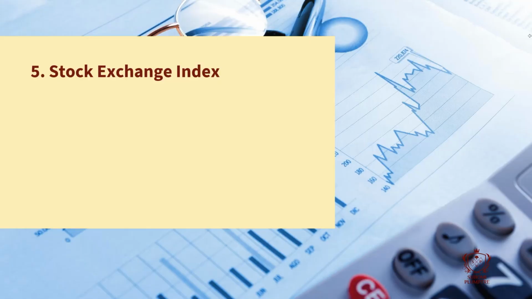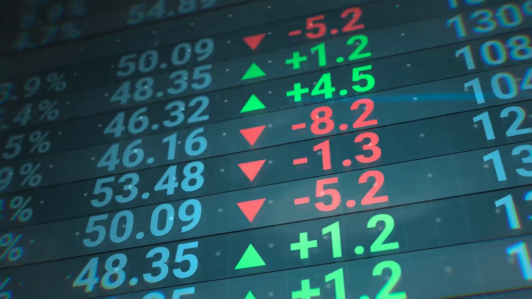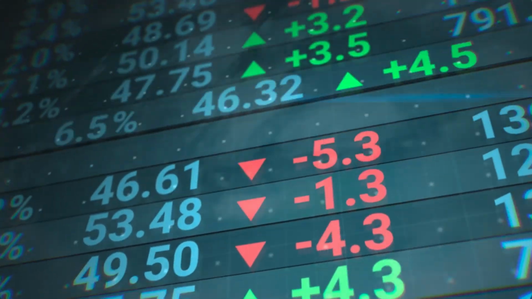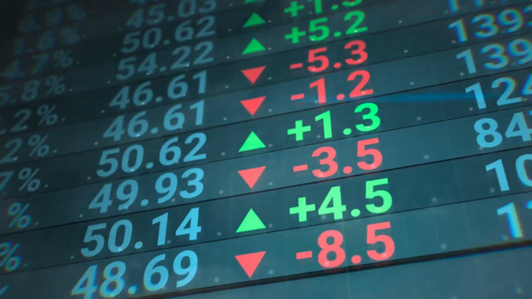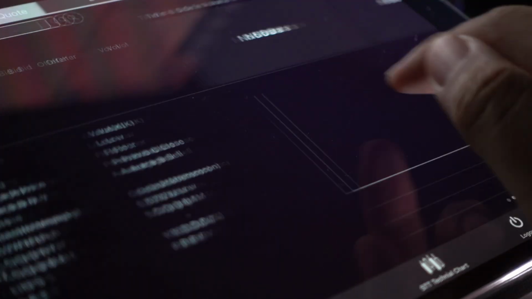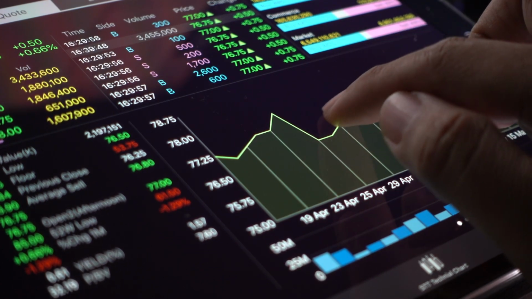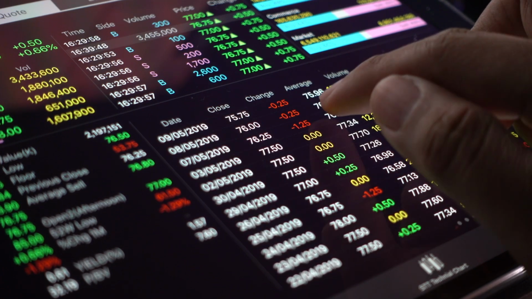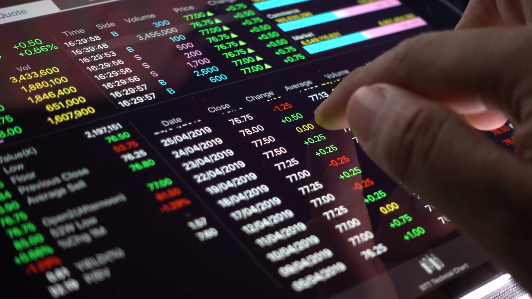Now, the stock exchange index is also another thing you might want to pay attention to, and that's because an index tracks the performance of an overall industry or sector. So you hear things like S&P 500 for the US, which tracks the top 500 stocks by market capitalization. In Nigeria, you hear about the All Share Index, which tracks all of the stocks on the Nigerian stock exchange.